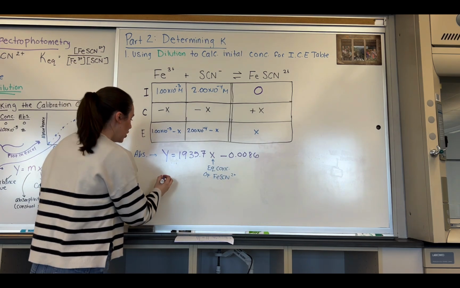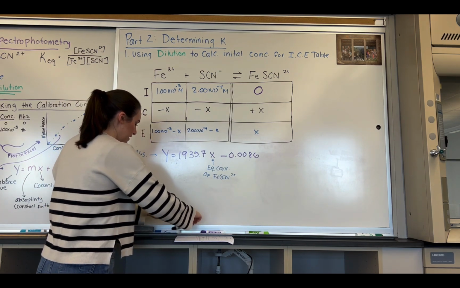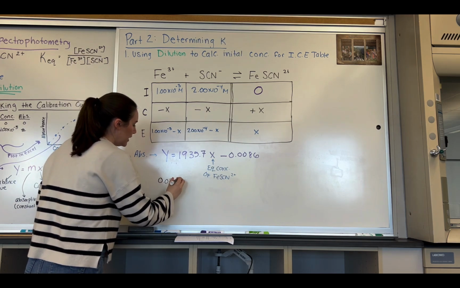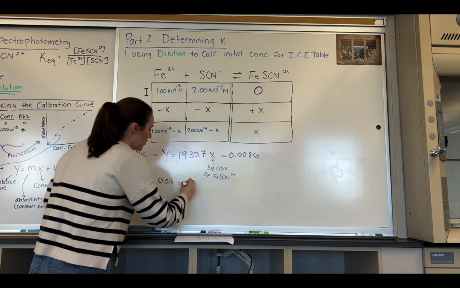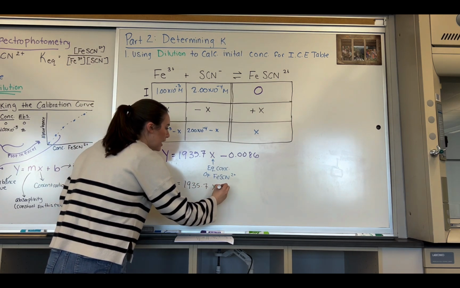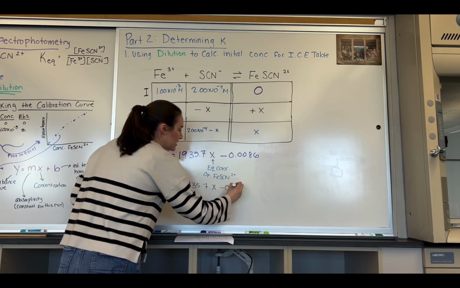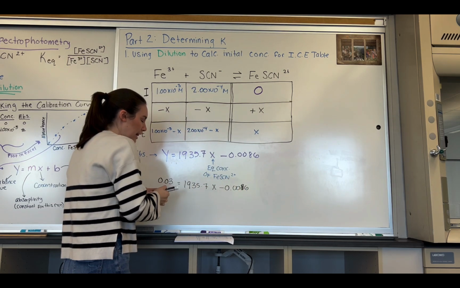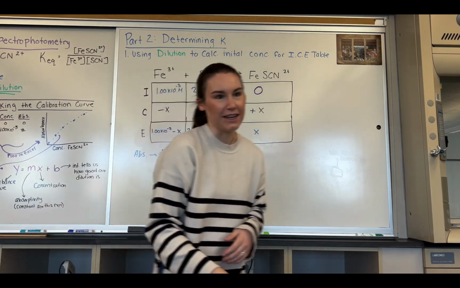My absorbance was 0.03. So 0.03 is equal to 1935.7x minus 0.0086. That's an 8. Okay, let me grab my calculator so that we can solve this together.